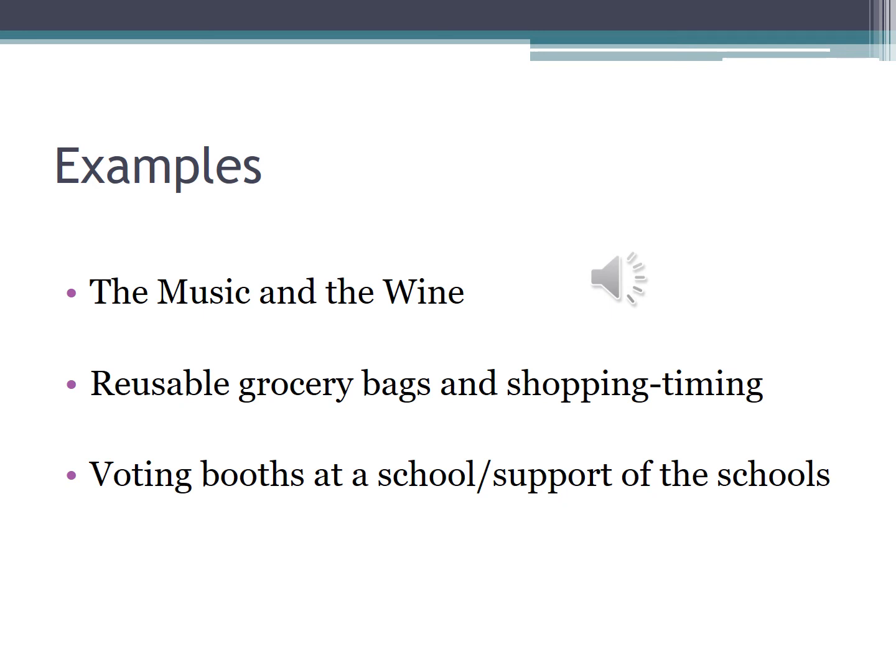There are lots of really good examples, but a couple I want to mention. The first is the music and the wine. They did a little bit of a survey to see if they played different types of music in the grocery store, if different wines would sell more frequently. So if they played, for example, German music, would more German wines sell? If they played Italian music, would more Italian wine sell?